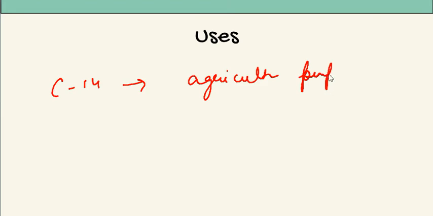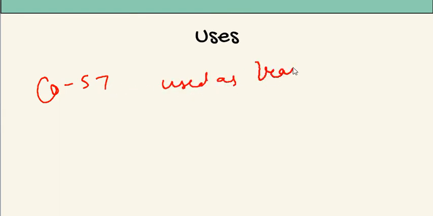Carbon 14 is used for agriculture purposes, carbon dating for detecting the ages of fossils, and other pollution control methods. While cobalt 57 is used as a tracer to detect anemia.